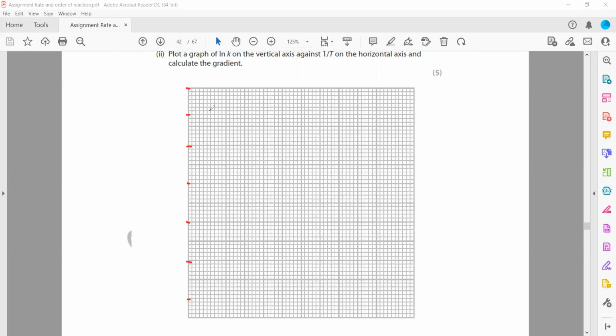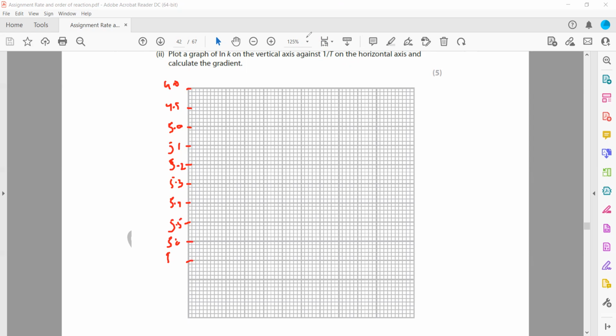If it's not covering, then I have to select 5 boxes equal to 0.1: 4.8, 4.9, 5.0, 5.1, 5.2, 5.3, 5.4, 5.5, 5.6, and 5.7.